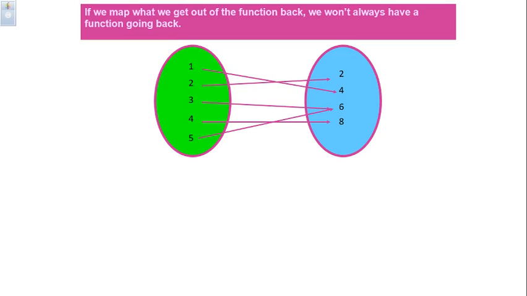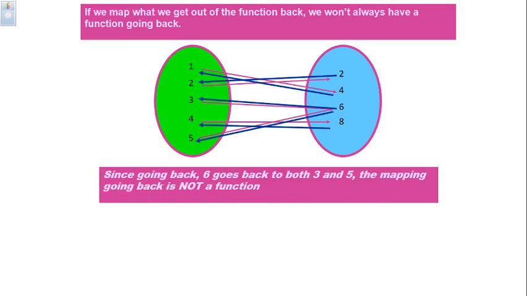If you notice here, I have a different example, and in this example, we have 1 mapping to 4, 2 to 2, 3 to 6, 4 to 8, and 5 also maps to 6. So we have two x values that map to the same y value. If I do the inverse of that mapping, the 2 will go back to the 2, the 4 will go back to the 1, the 6 will go back to the 3, but will also have to go back to the 5, and the 8 will go back to the 4.